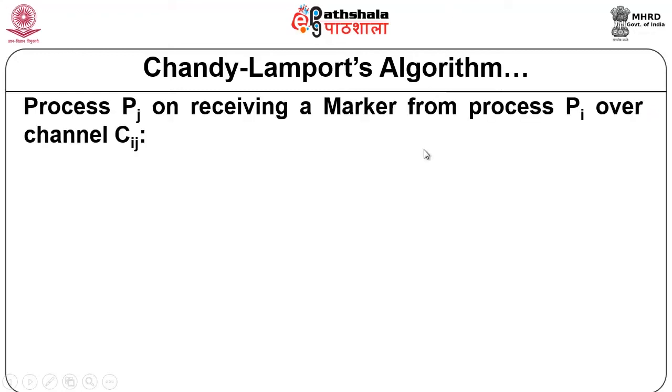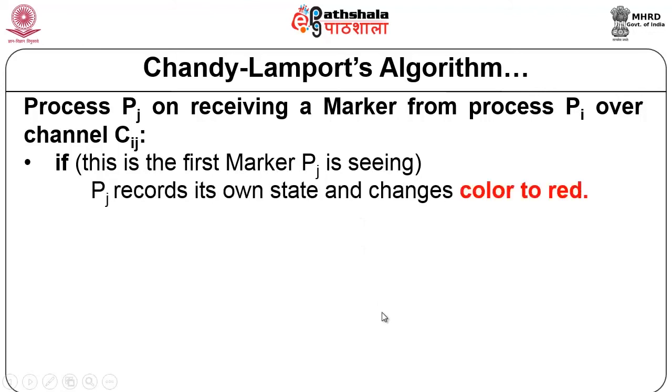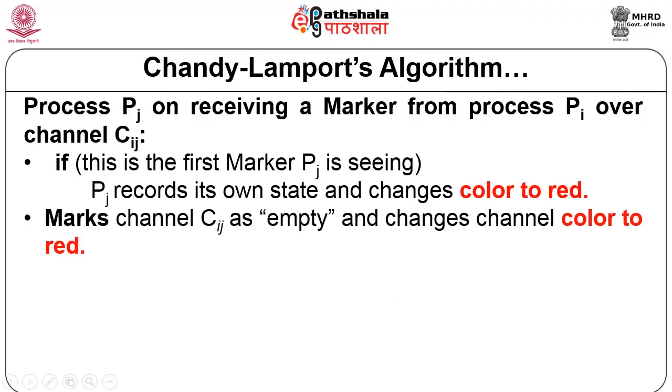Everybody is sending the marker, so every process will receive the marker. If this is the first time a marker is being received by Pj on a channel Cij, that is, Pi is sending to Pj a marker along the channel and Pj has not received a marker so far, then it will record its state and change its color to red.